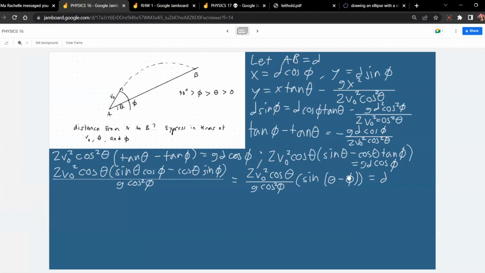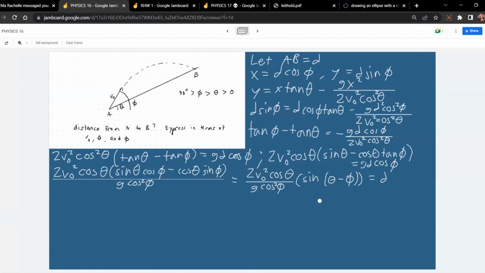So, cosine theta, G cosine squared phi, sine theta cosine phi minus sine phi cosine theta is equal to D. G cosine squared phi, sine theta minus phi.